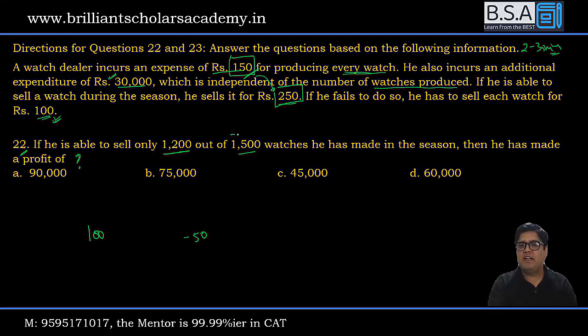Total 1500 watches were made. In season, we sold 1200. So 1200 are sold in season, 300 are sold outside the season, and whatever manufacturing you do, you have to have a cost of rupees 30,000.